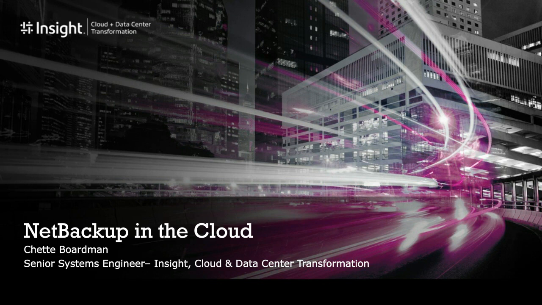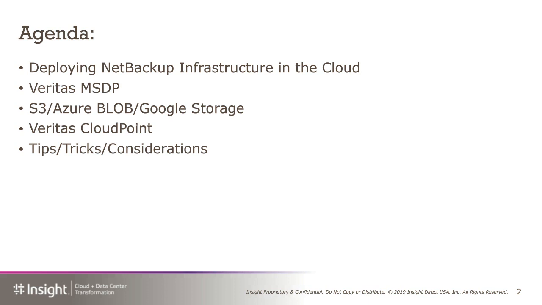Today we're going to cover NetBackup in the cloud in a couple of different formats. So I'll go ahead and get started here. Our agenda is going to start off with deploying NetBackup infrastructure in the cloud. We'll get into how that looks, the components of it, the do's and don'ts, things along those lines. We'll cover Veritas MSDP.